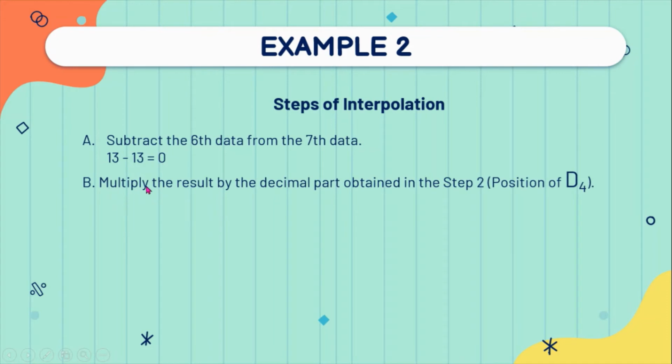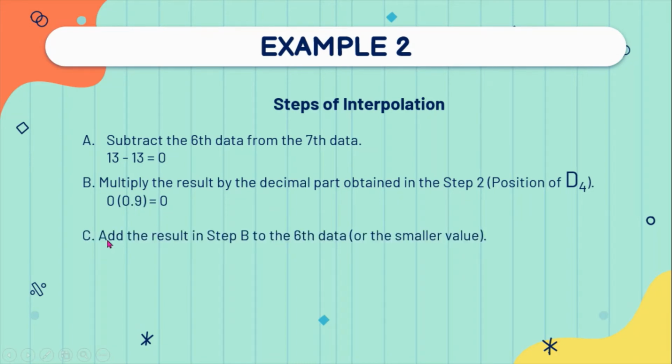Next, multiply the result, this 0, by the decimal part obtained in step 2, the position of D4. In step 2, we obtained 6.9, so the decimal part there is 0.9. So we are going to multiply 0 times 0.9, and that is 0.